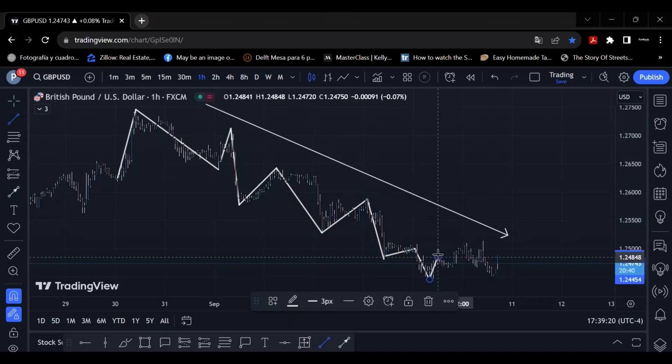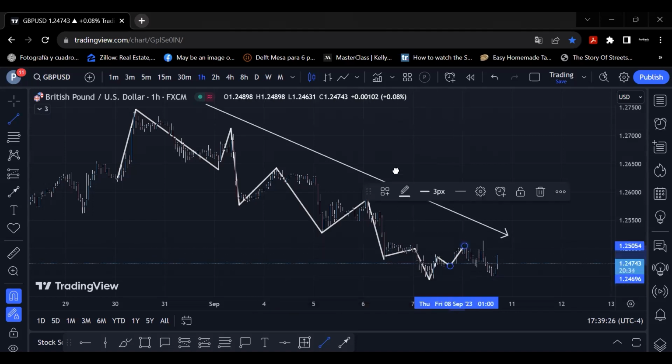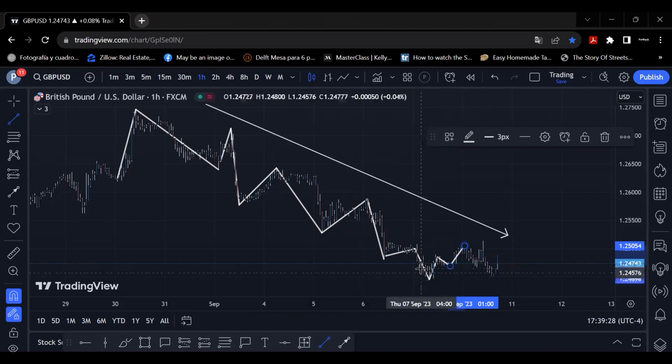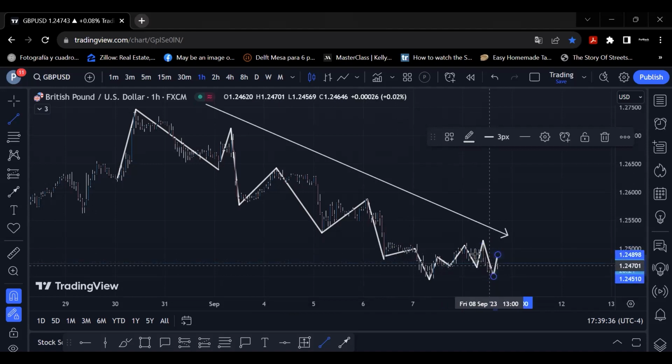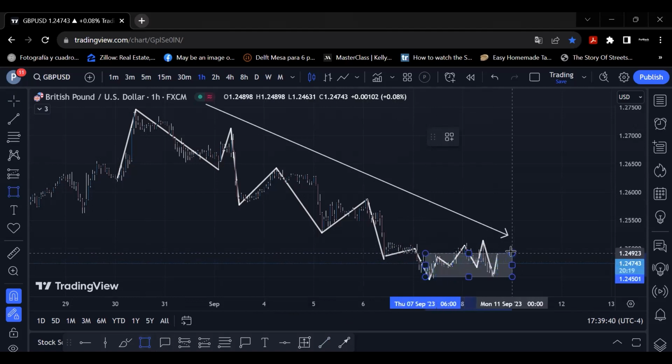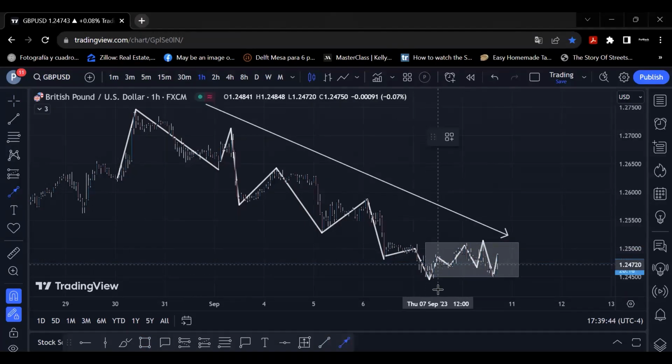But as you guys can tell, around this spot, at the beginning of Thursday morning, the market actually started doing what? Consolidating, right? It started creating a range, trading in a straight market.